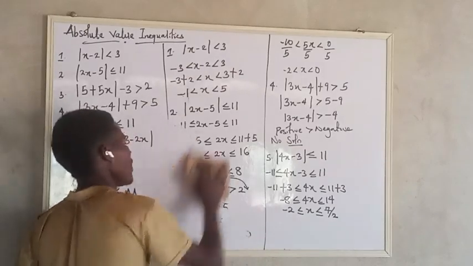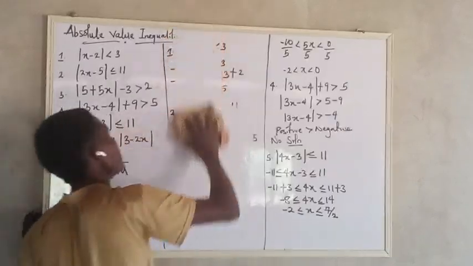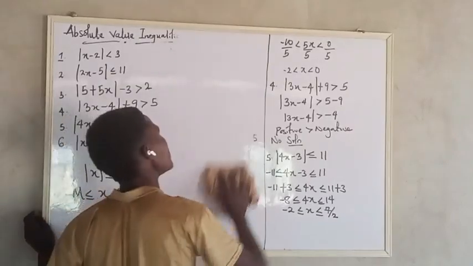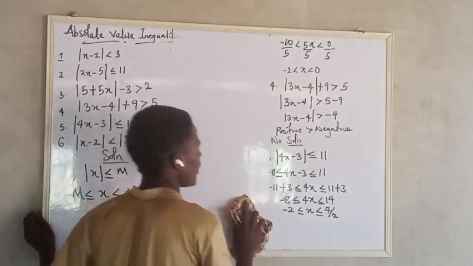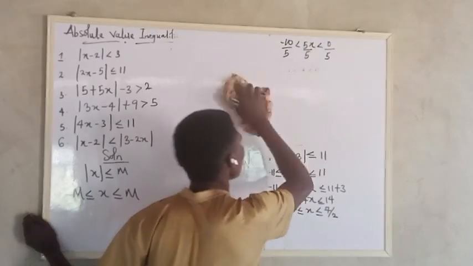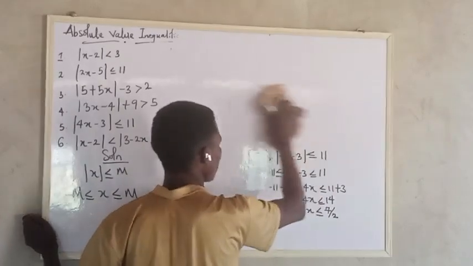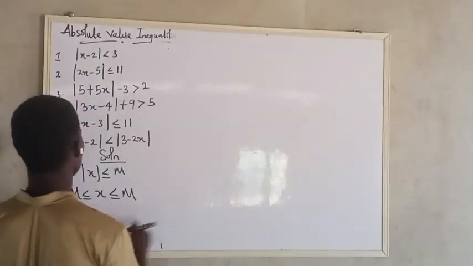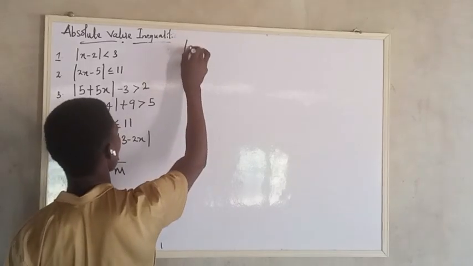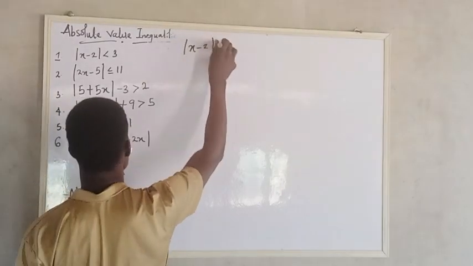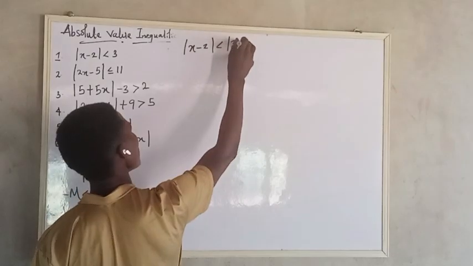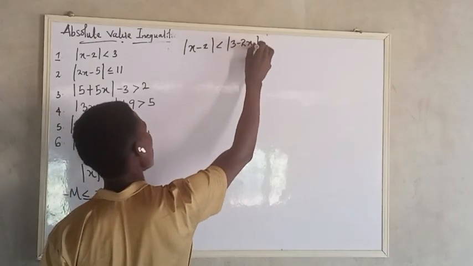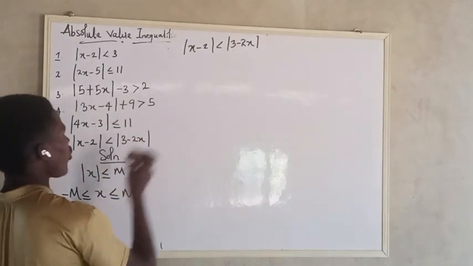Alright. So to the last question today, this one will be solved in a more different way. The question is absolute value of x minus 2 less than absolute value of 3 minus 2x. So the first thing you are going to do is to square both sides.